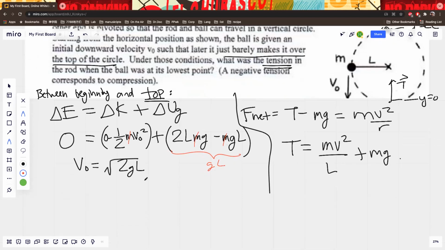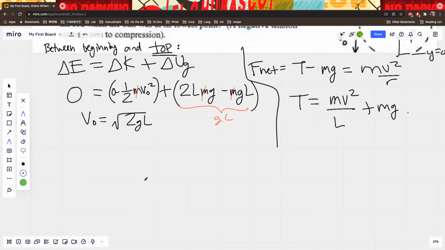Okay, so then we have v0, and now we do conservation of energy between the beginning and the bottom.